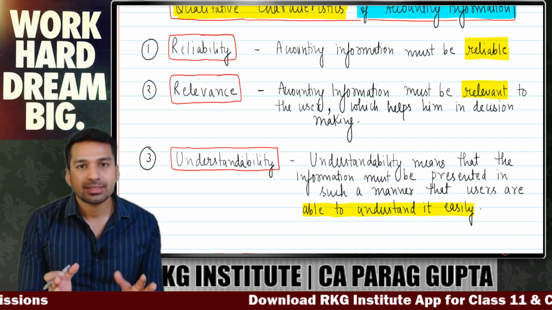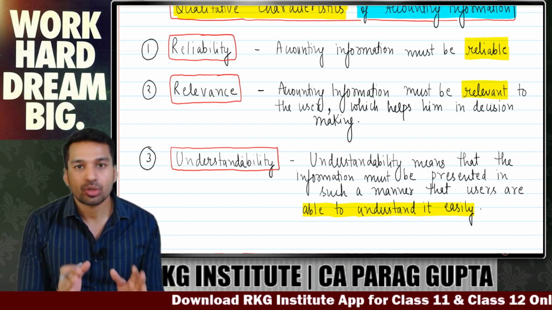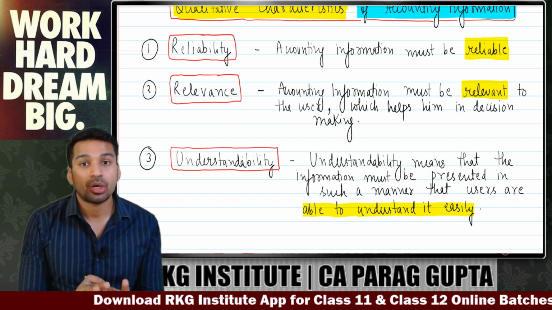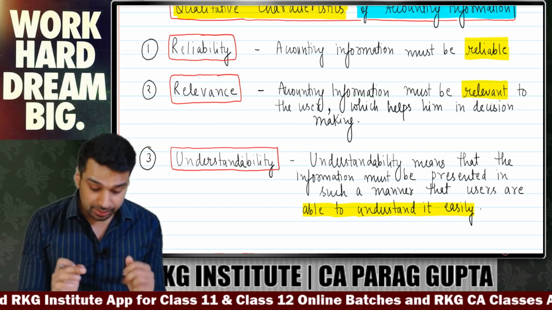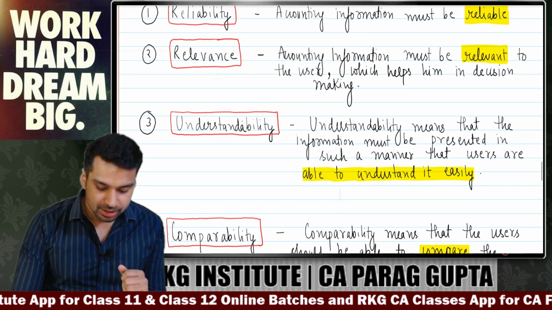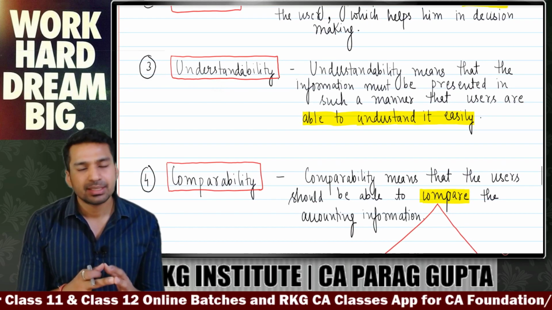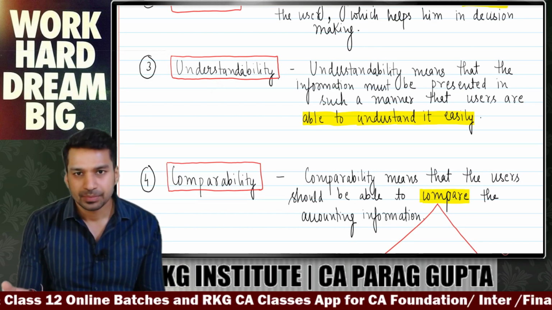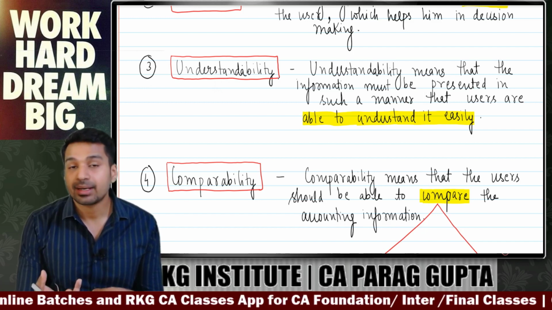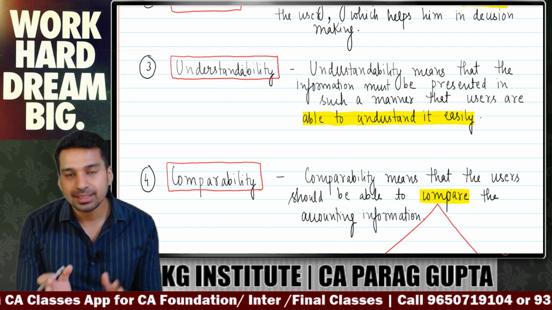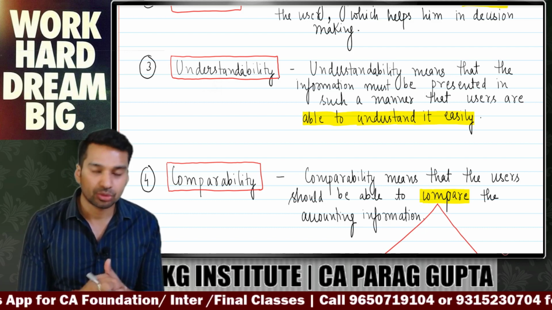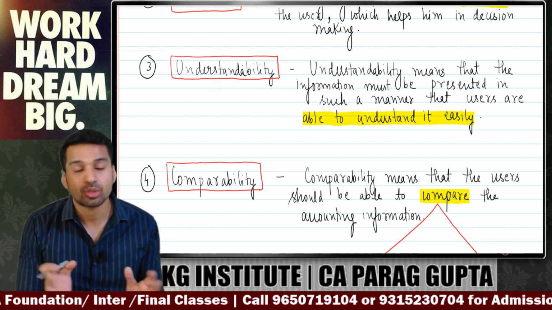My point is, accounting information should also be relevant and it should not contain any unnecessary information. Third quality of accounting information is understandability. See, user is a layman, so we should provide the accounting information to user in such terms that it can be easily understandable to the user. So this quality should also be there.